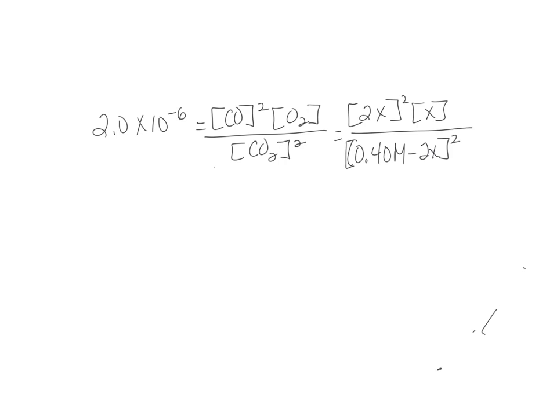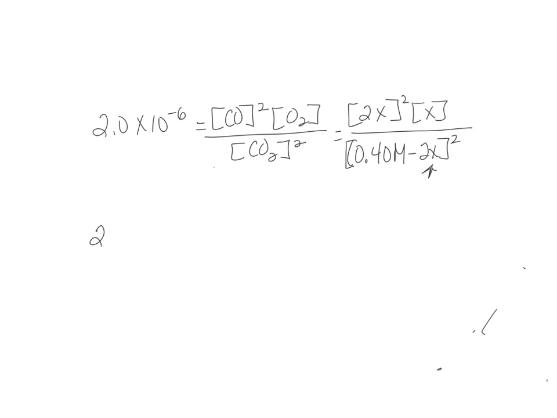Okay, so what we're going to say is that the 2x down here is going to be really, really small because our K value is still very small. So how our equation is going to look at this point is this.